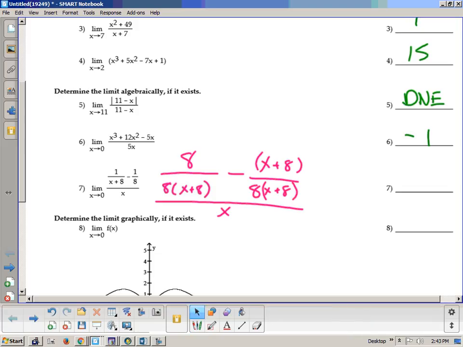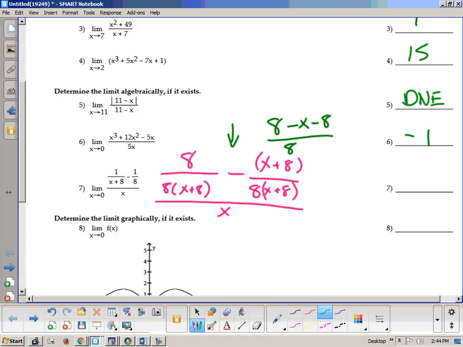Okay, when we do the distribution on the top, we're going to get 8 minus x minus 8 over 8x plus 8. And that whole thing's going to be divided by x. And that's kind of messy, but we're just going to keep going with this. So we're going to be left with negative x over 8x plus 8 divided by x, which is the same thing as times 1 over x.